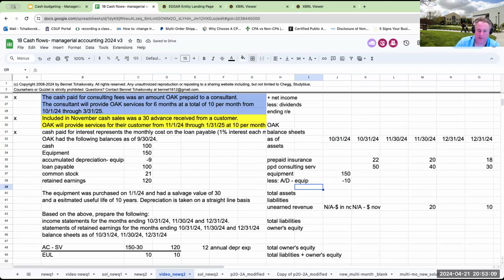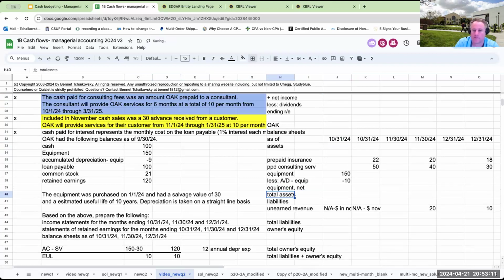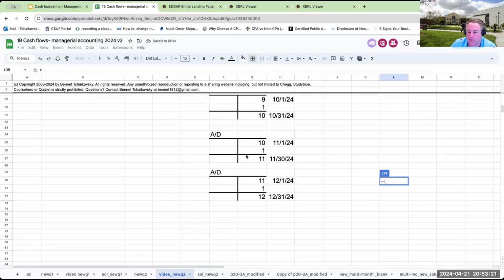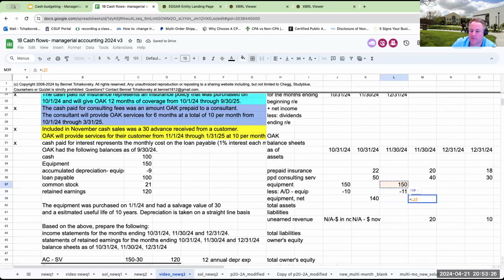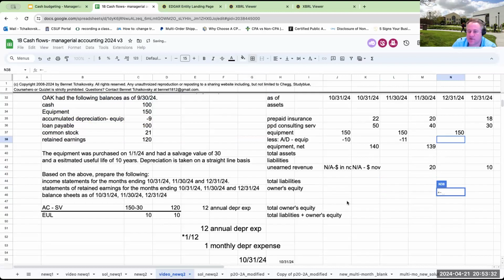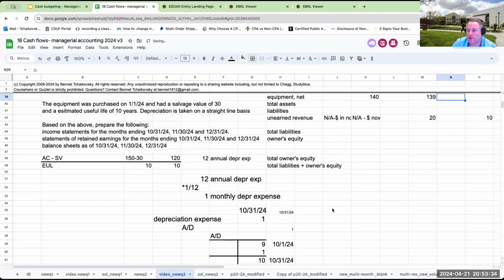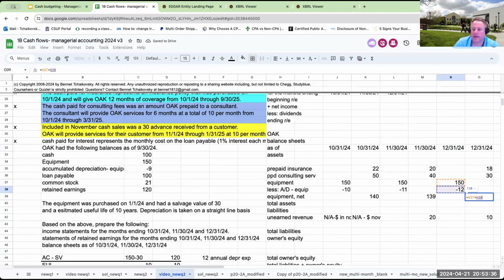So my equipment net is going to be at 140. On November 30th, again, we always show this at the acquisition cost. The accumulated depreciation as of November 30th is at 11. So I'm showing this at 139. Equipment's going to stay the same as of December. It's at 12,000. So coming over here, my equipment net is at 138.